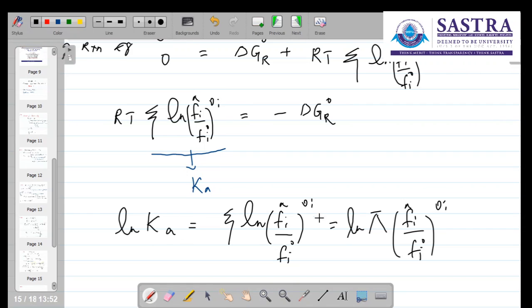So you can just transform the summation of log to the product rule.